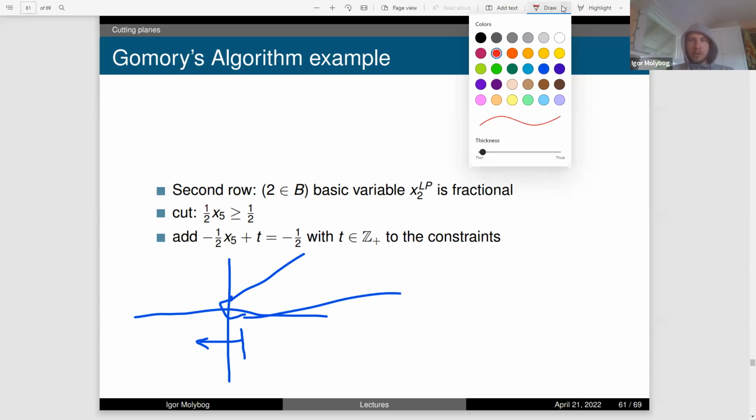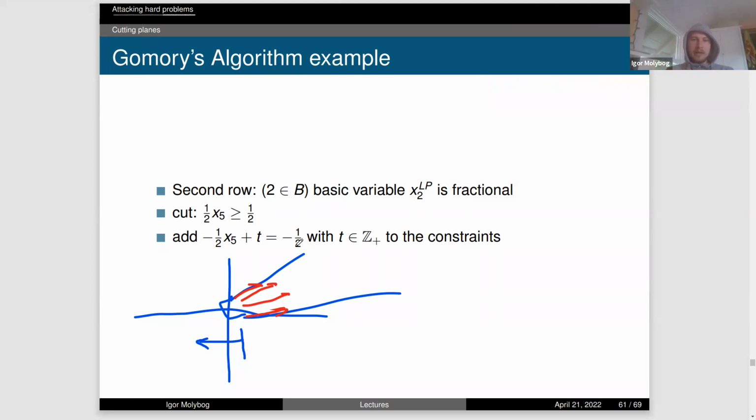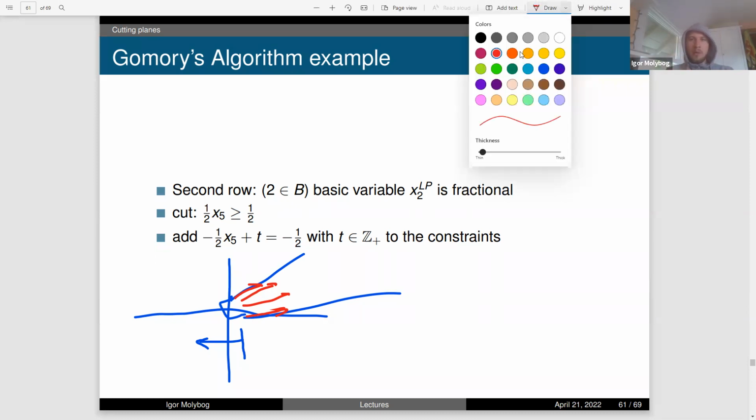My problem will have an optimal solution if none of the directions of the rays that can go into infinity have a positive slope with this direction over here.